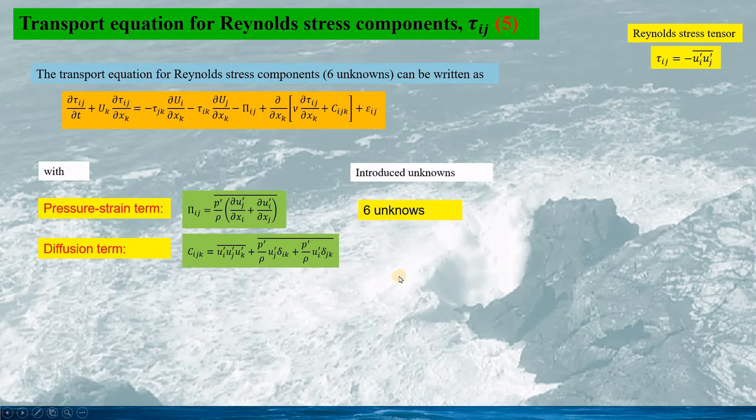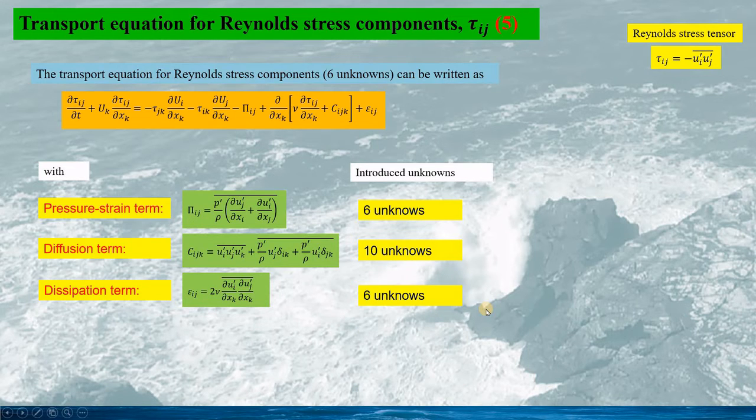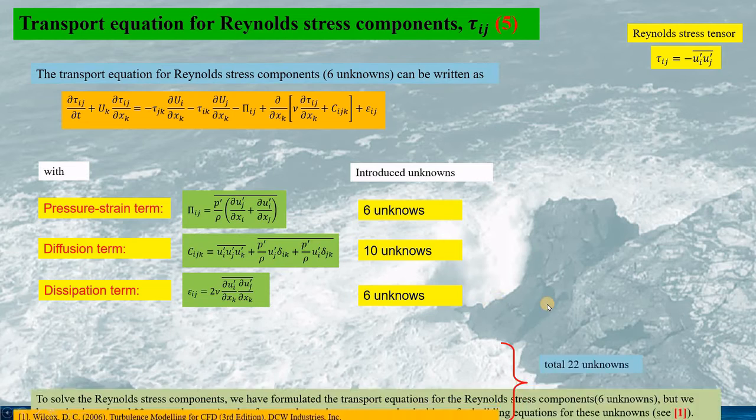And for the diffusion term, C ijk, we introduced 10 unknowns. And for the dissipation term, epsilon ij, we introduce 6 unknowns.